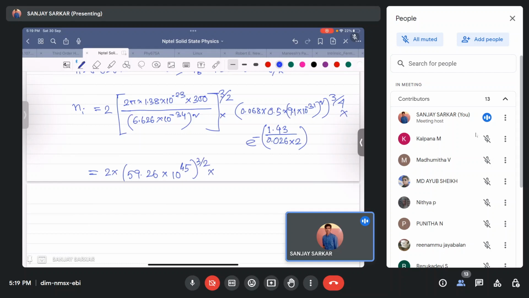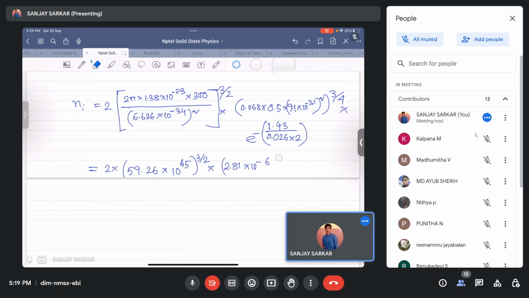So this is 2.81 into 10 to the power minus 62 to the power 3 by 4 into exponential.